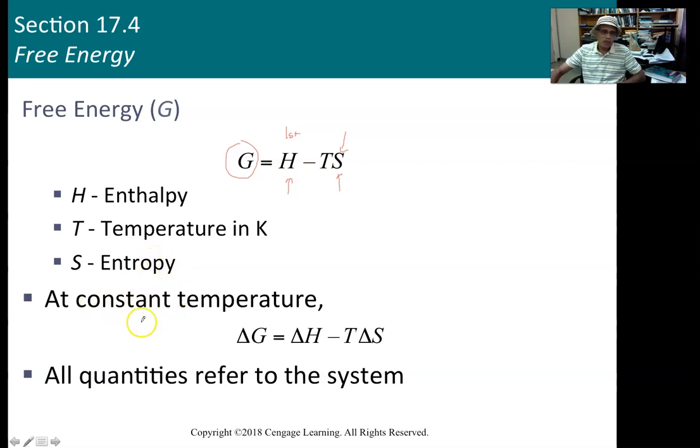So at constant temperature, the change in free energy is equal to the change in enthalpy minus temperature times the change in entropy. This is a very important relationship when we look at a whole reaction system and consider whether it is spontaneous or not, taking into account all the factors: enthalpy, entropy, and likewise temperature.